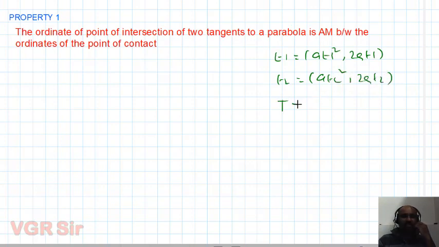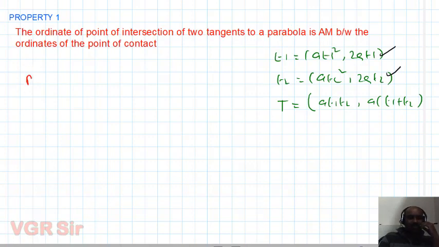T means the point of intersection of the two tangents drawn through T1 and T2, that is (a t1 t2, a(t1 + t2)). Okay, so first of all I want to find the AM of these two ordinates.